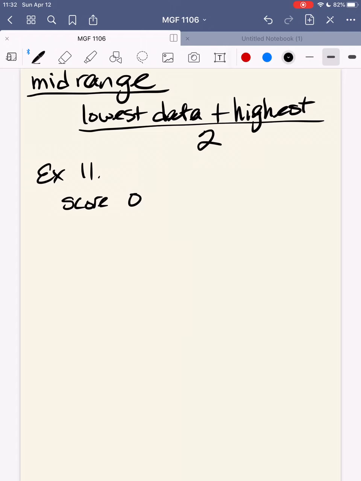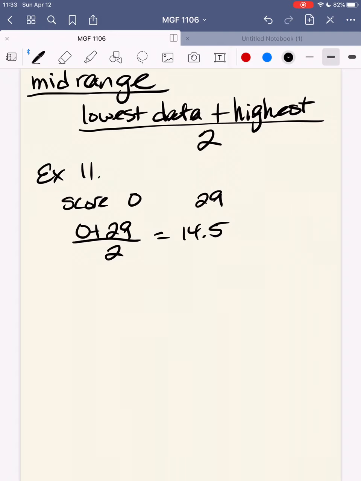Our highest value is 29. You add those together and divide by 2 and get 14.5. You can do it in any data set, but we're looking at 14.5 for our mid-range.